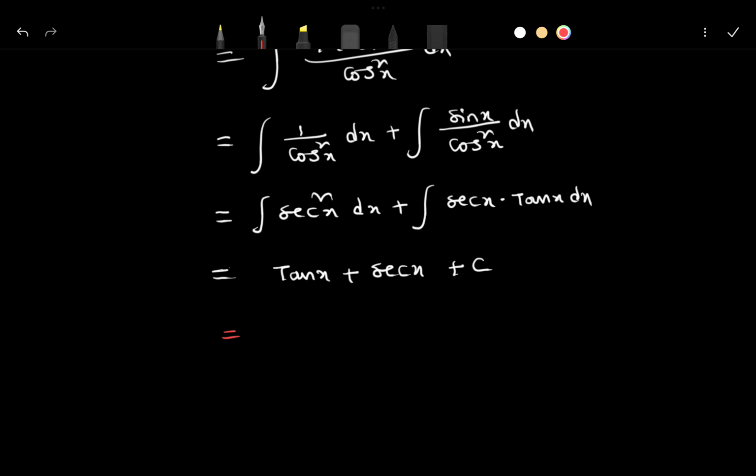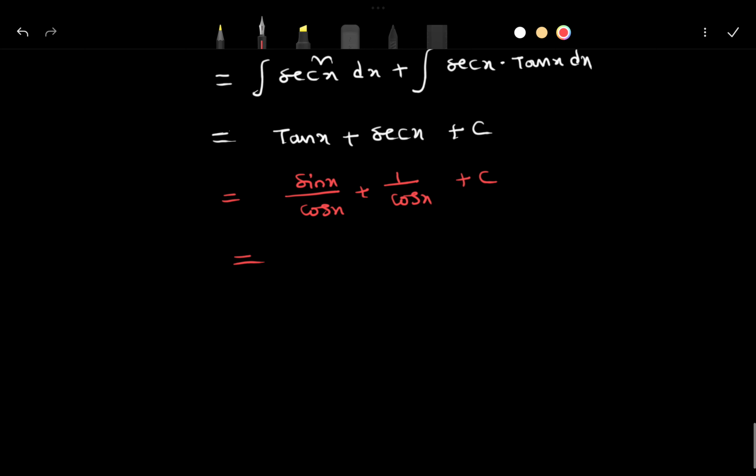Now convert this in terms of sine and cos. This value will be sin x by cos x plus 1 by cos x plus the integral constant. Now we can write this by taking the LCM: (1 plus sin x) whole divided by cos x.